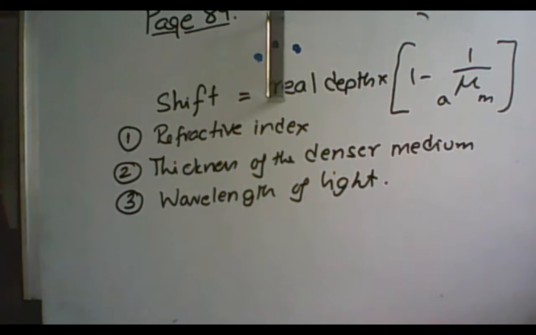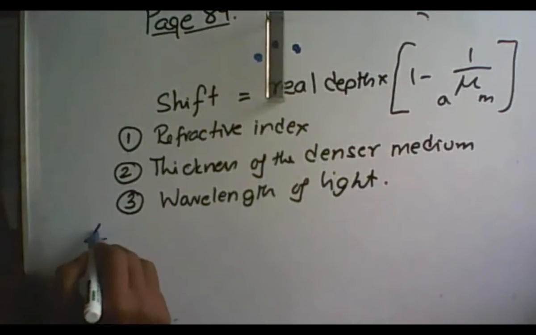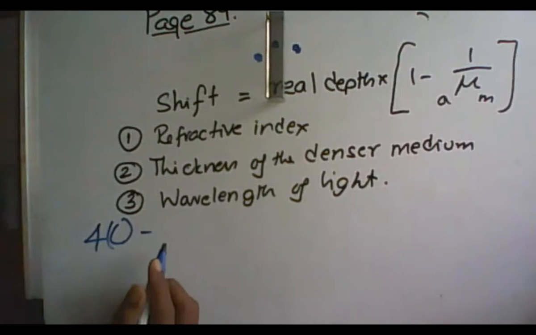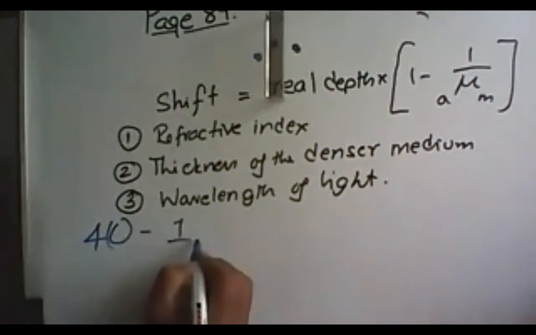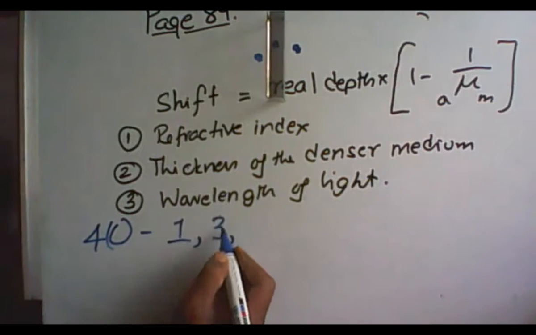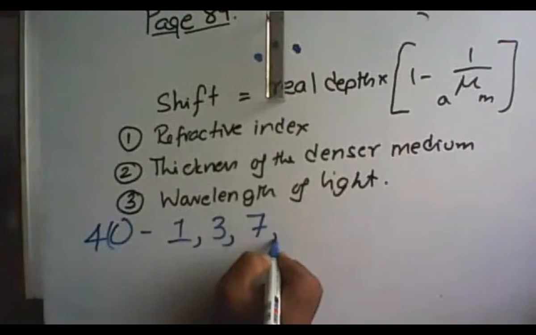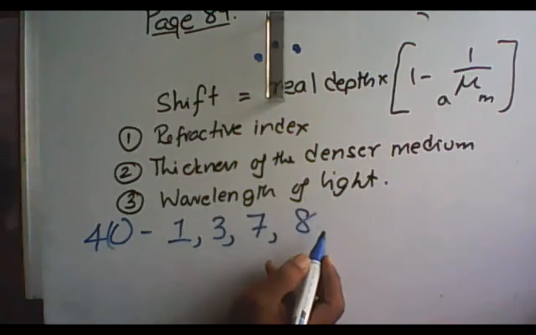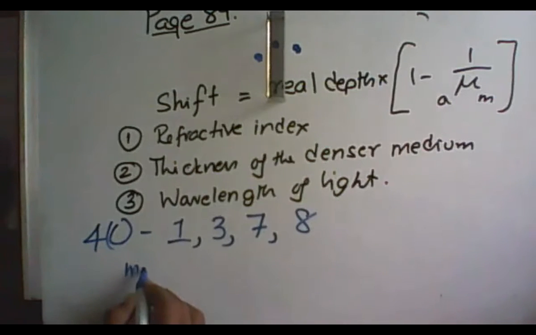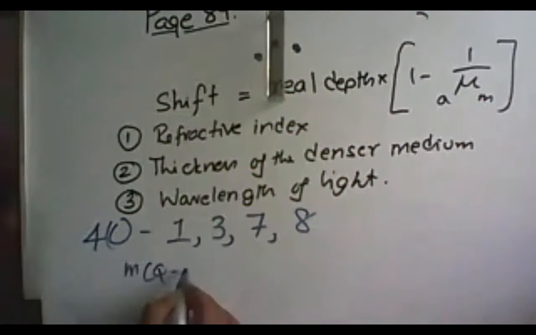What about 4C? We had to discuss what questions we're supposed to do. I am ready with that. From the 4C assignment, you have question 1, 3, 7, 8, and MCQ 2.